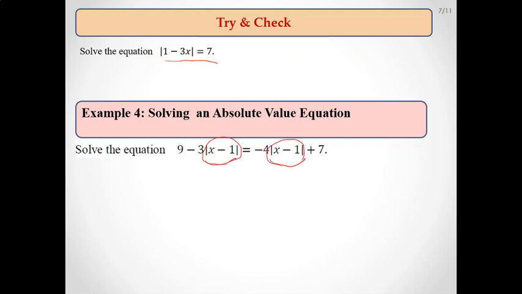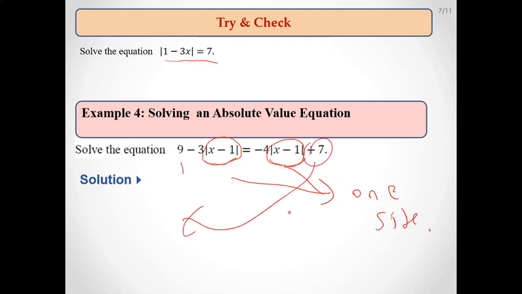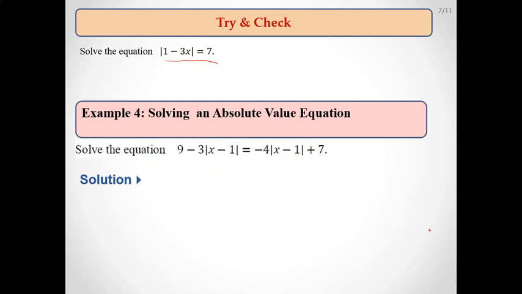They're the same, or similar terms. Now, what should we do? We collect all the absolute value terms on one side and the rest on the other side. Okay, let's try to do it. How can we do that? We send the terms to the other side, like we switch the terms.